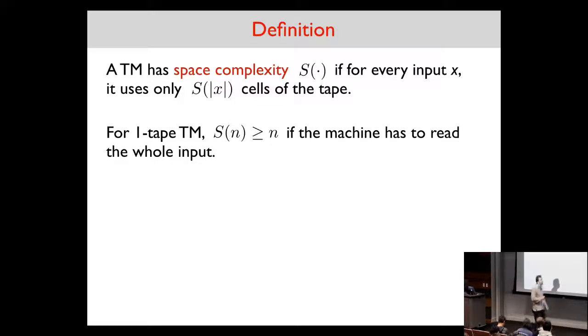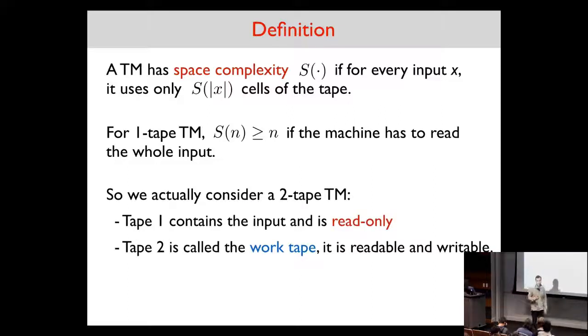But for a one-tape Turing machine, S of n has to be at least n if we are going to read the input, right? And this is really not the way we actually define space complexity. We could define it using a one-tape Turing machine, I guess, but it's not very neat. So the neatest way to define space complexity is using a 2-tape Turing machine.